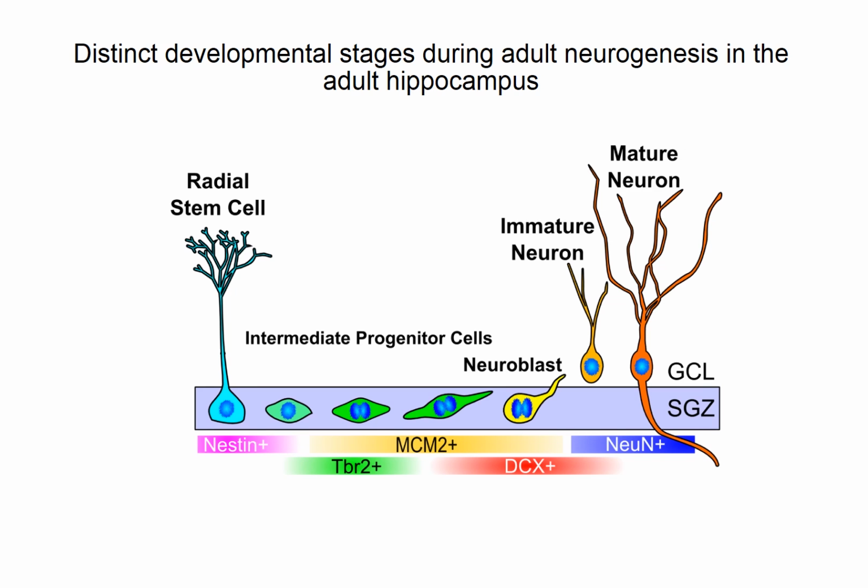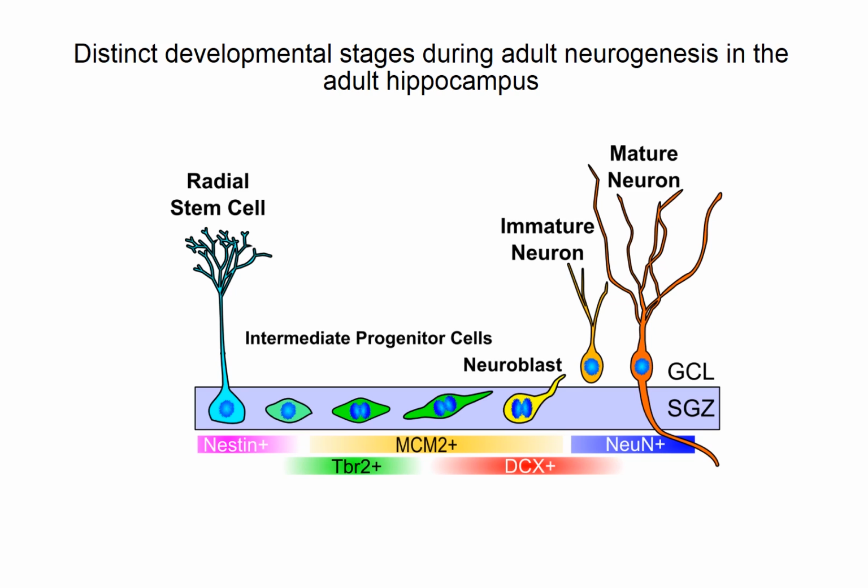Upon a neurogenic cell division, stem cells give rise to intermediate progenitor cells, which in turn give rise to proliferating neuroblasts and post-mitotic immature neurons, and finally mature dentate granule cells, which are integrated into the existing circuits.